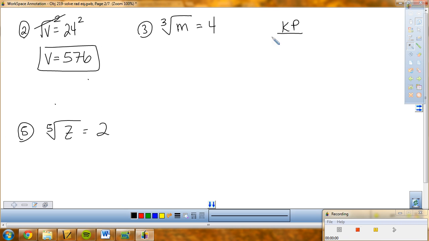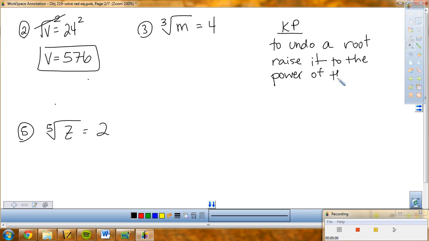So our key point here is to undo a root, you need to raise it to the power of the index of the root.